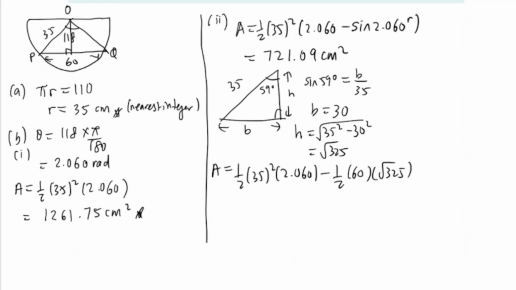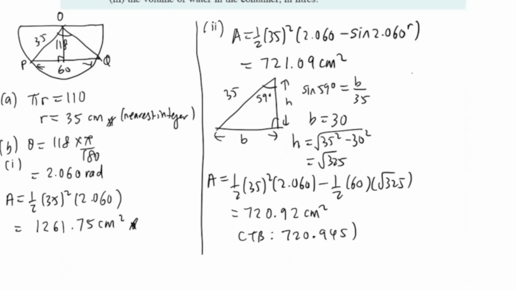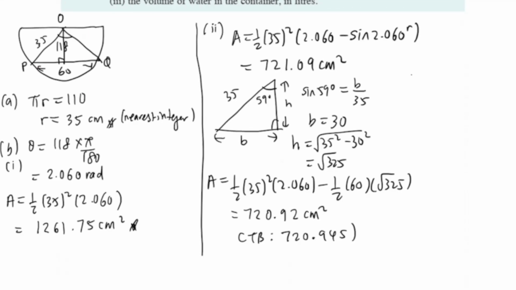I got 720.92. Not close. The other one is 721, this is 720. The textbook answer is 720.945. It is closer, but not exactly. So again, it's up to you, whichever method.